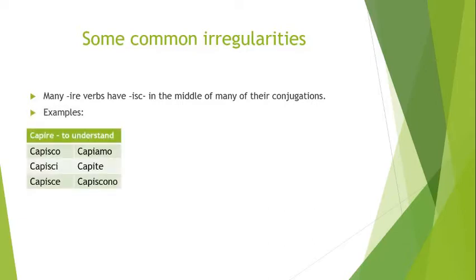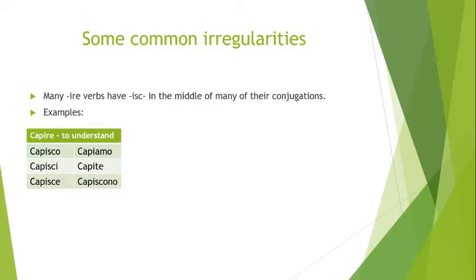Capire, to understand, right? Look at how this is conjugated. You can see that only the noi and the voi forms are what you'd expect from what we saw before with the chart, right? Capiamo and capite. Everything else has this weird isc in the middle of it. And where did that come from, right?